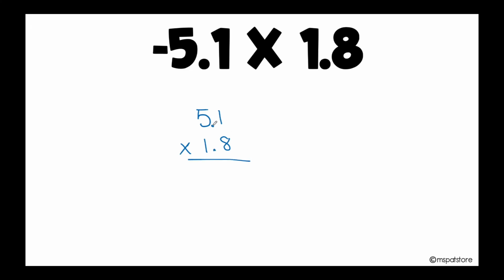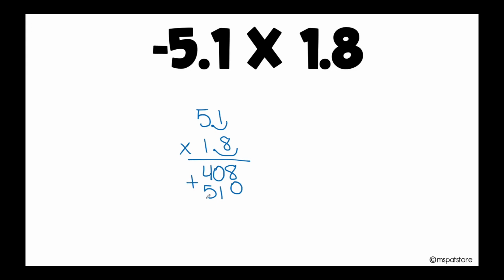Let me shift out my decimal points, 1 and 2 spaces out, and now I have my whole number multiplication. 8 times 1 is 8. 8 times 5 is 40. As I am going to be multiplying by the tens place, I'm going to place a 0 under the ones place. 1 times 1 is 1. 1 times 5 is 5.